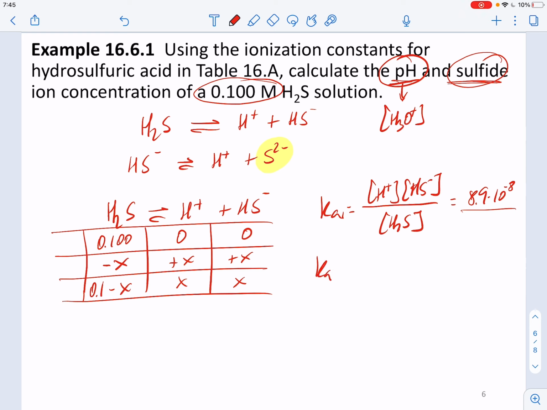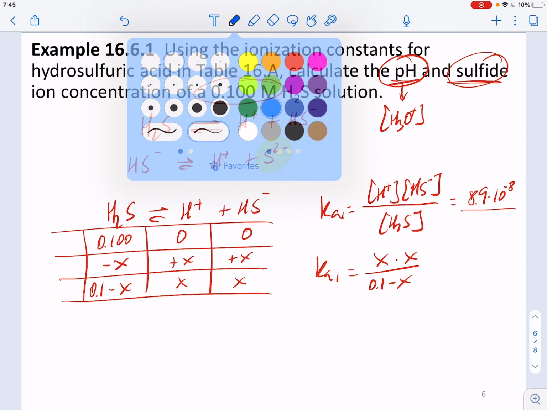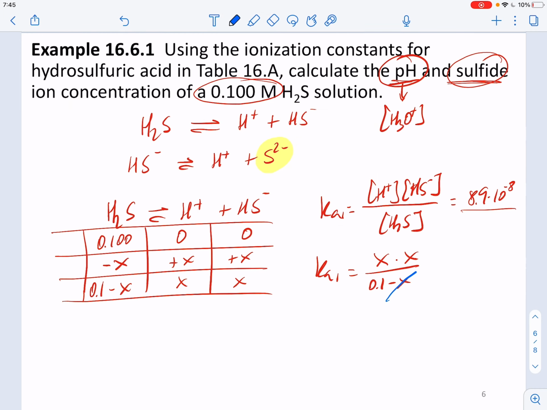So when we write Ka1 equals x times x divided by 0.1 minus x, we can perfectly assume that x is small so that we can simplify our life, and this becomes Ka1 equals x squared divided by 0.1. Therefore, x is equal to the square root of 0.1 times 8.9 times 10 to the negative 8.